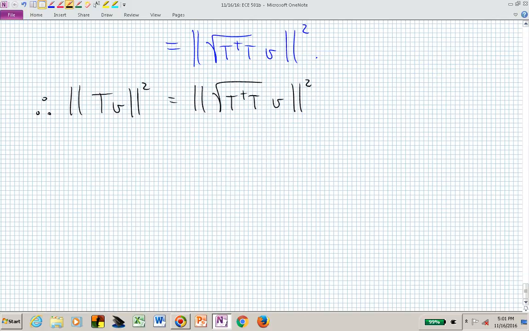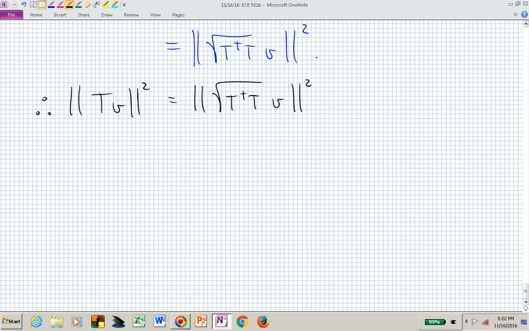What does that tell me about how the square root of T dagger T adjusts? Now you can't hear my hands going in and out with contracting and expanding, so I'll tell you that I'm talking with my hands now if you're listening. But now you're either contracting or expanding, but with these norms being the same, what have you done?